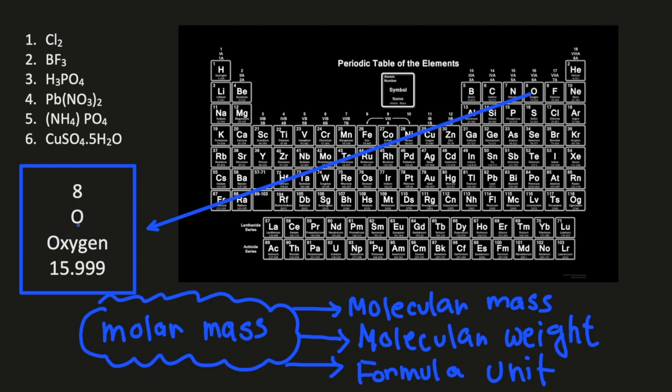O is the symbol of oxygen, and 15.999 is the atomic mass. Molar mass, like I said before, is the mass of 1 mole of a substance. So 1 mole of oxygen is 15.999 grams.